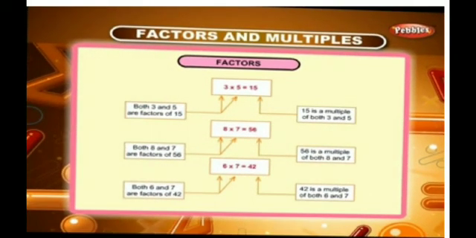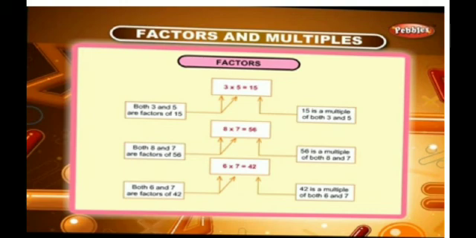Then the relation between factors and multiples. We know 3 into 5 is equal to 15. Then we can say both 3 and 5 are the factors of 15, and 15 is a multiple of both 3 and 5. Next, look here. 8 into 7 is equal to 56.